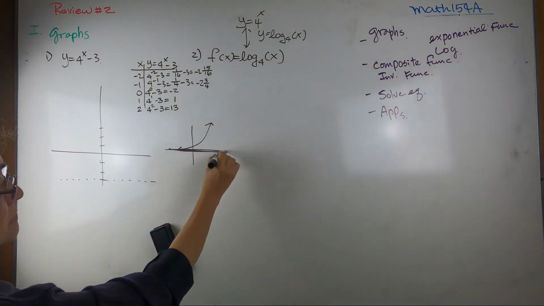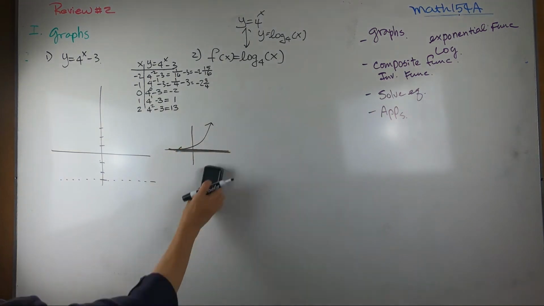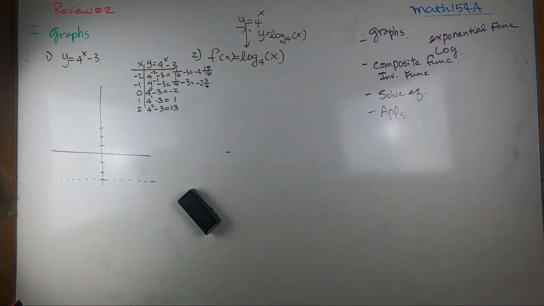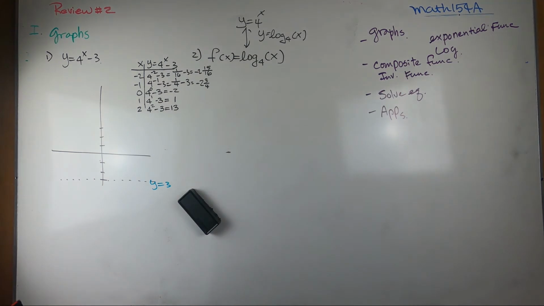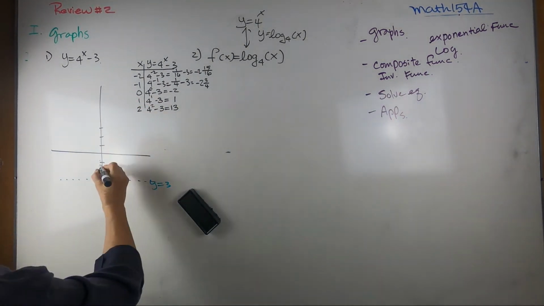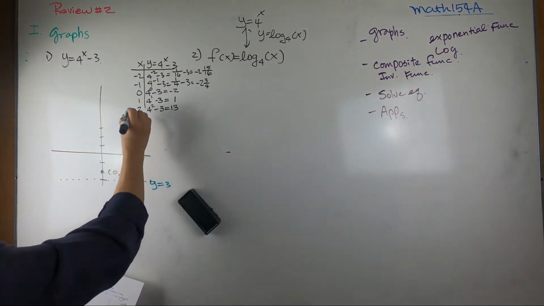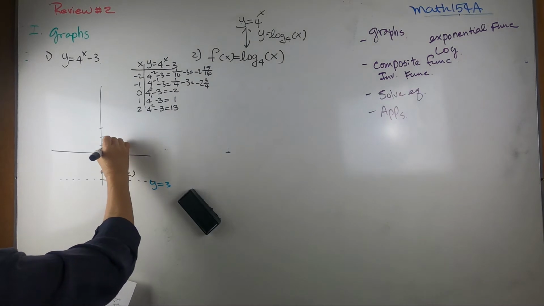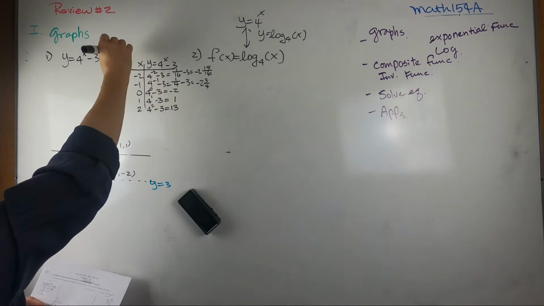It was limited by the line y equals 0. So you shift down 3 units. That would be bounded by this line, right? So 0 is negative 2, then 1 is 1, okay, 2 is up there.